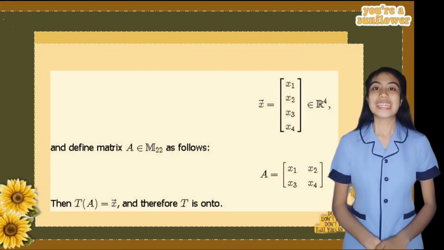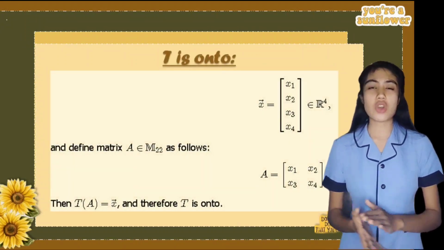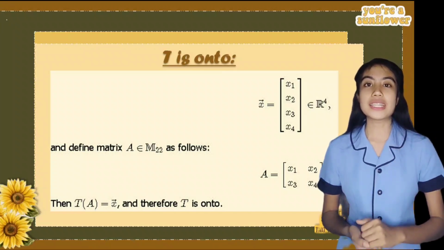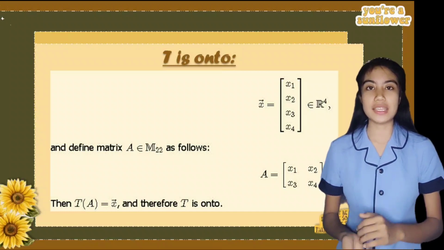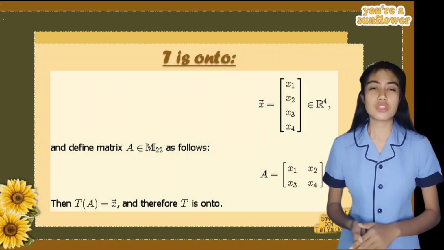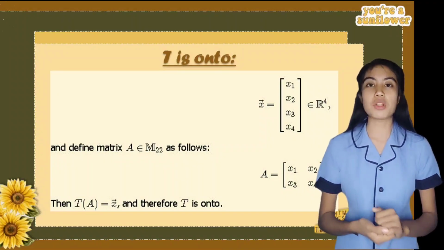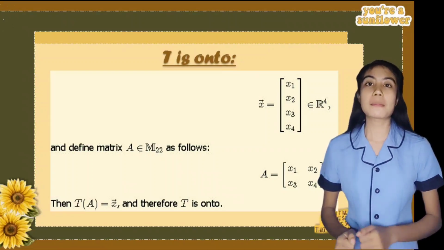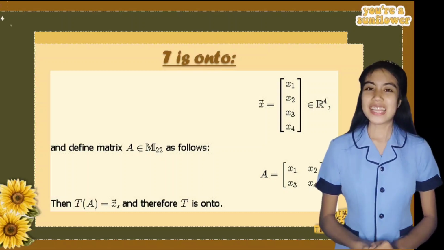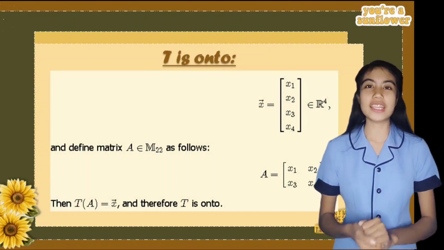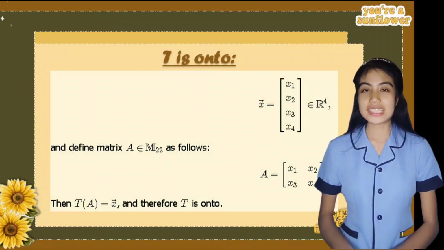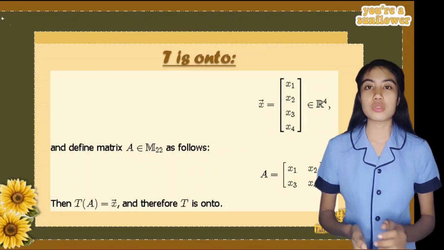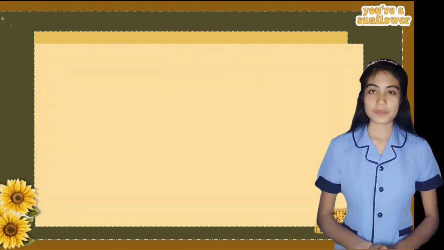So number 2, T is onto. To prove that T is onto, we need to show that for any vector x in R to the 4th power, there exists a matrix A. So in other words, we need to demonstrate that every possible output vector can be achieved by applying the transformation T to some input matrix A. Since we have shown that for any vector there exists a matrix A such that T(A) equals the vector, we can conclude that T is onto.